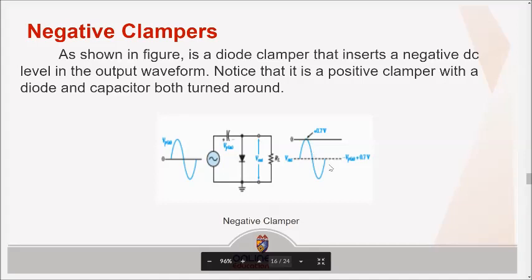Ibig sabihin, kinlamp natin siya papunta sa negative na coordinates. Okay? Familiarize with this connection. The negative clamper, VP, the capacitor and the diode are in series.